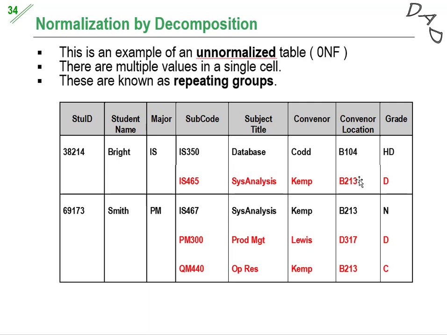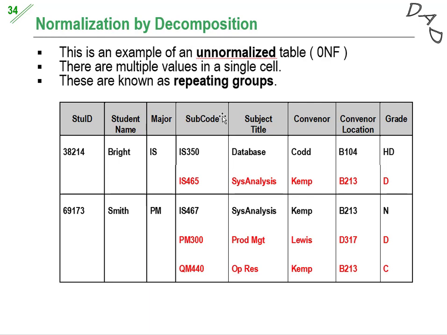Now our first task is to remove the repeating entities. Or in other words, in order to achieve first normal form from the zero normal form, we need to remove the repeating entities. So what do you mean by repeating entity? Each cell in a normalized database must contain only one value.